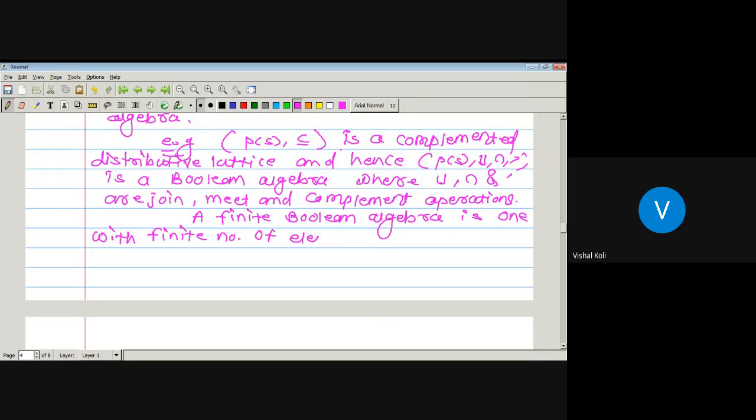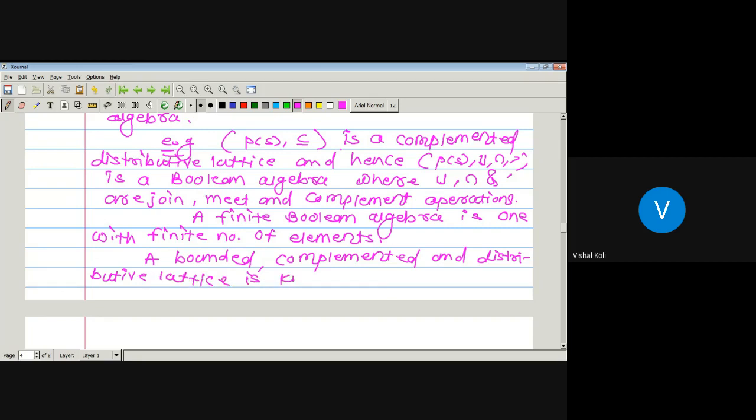If the Boolean algebra has a finite number of elements, then it is said to be a finite Boolean algebra. So a bounded, complemented, and distributive lattice is known as a finite Boolean algebra.